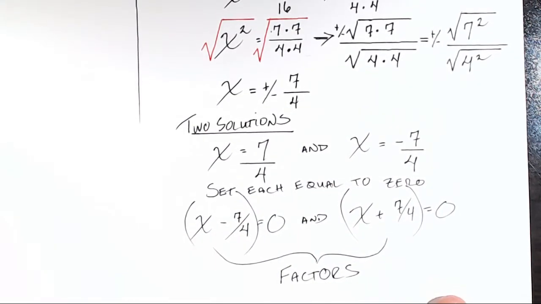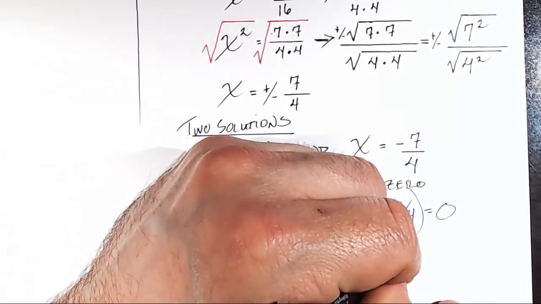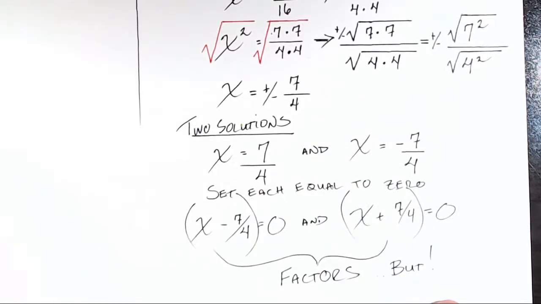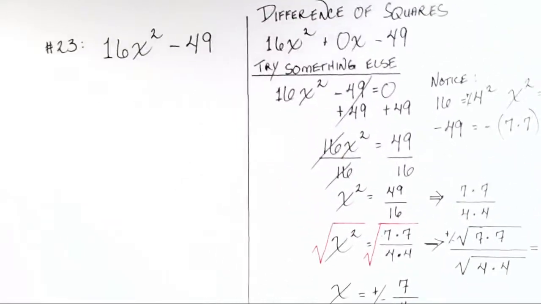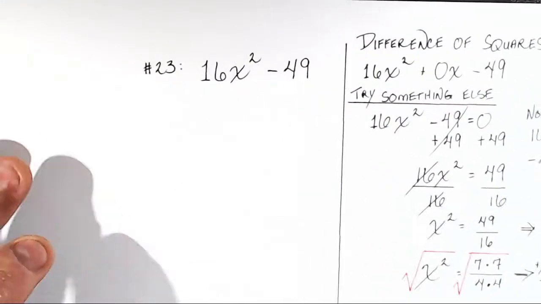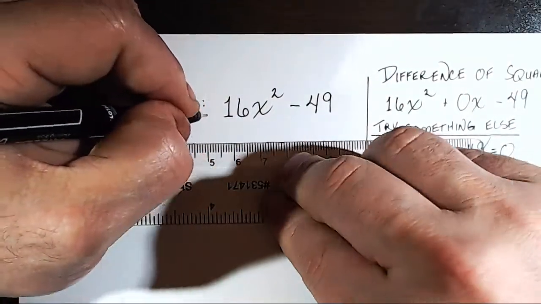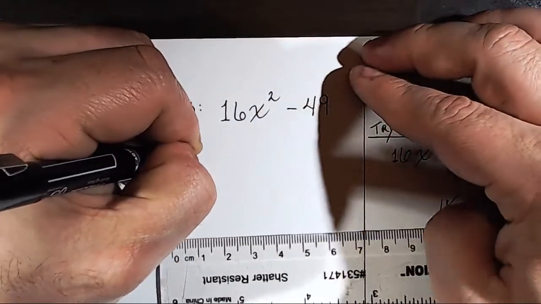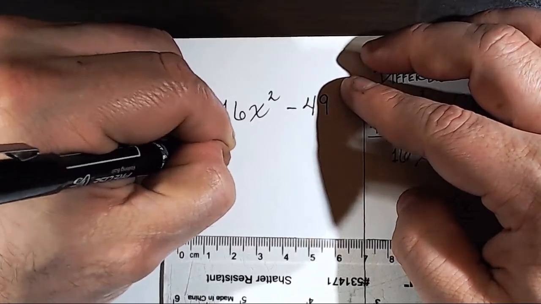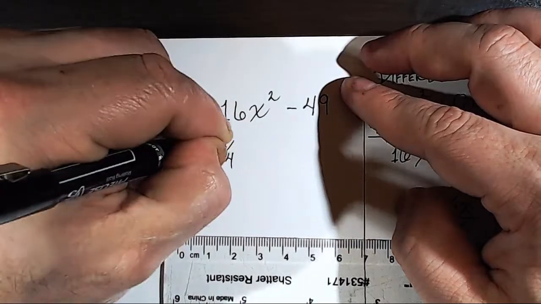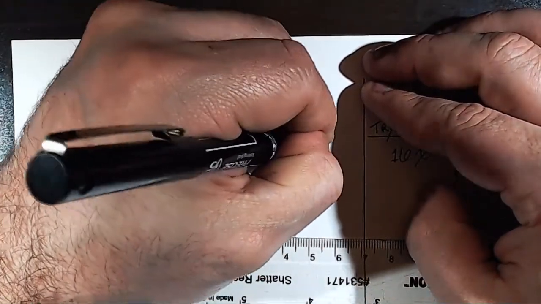X minus 7/4, x plus 7/4. But we need to do something to these two things. So let's bring them up here. Let me bring these guys back up here. So we're going to say the factors are x minus 7/4 and x plus 7/4.